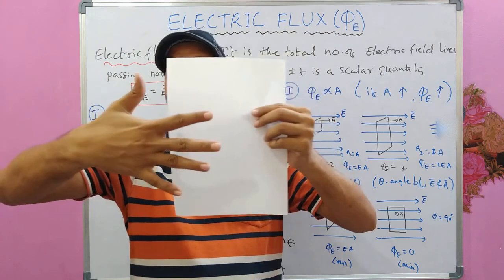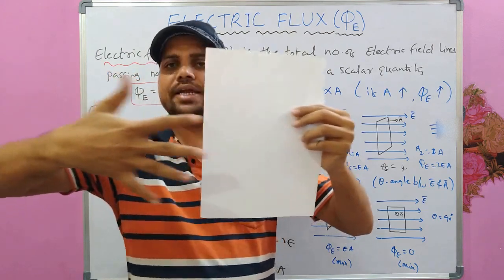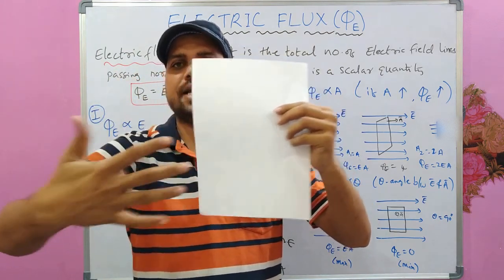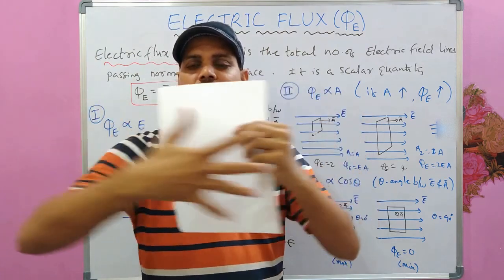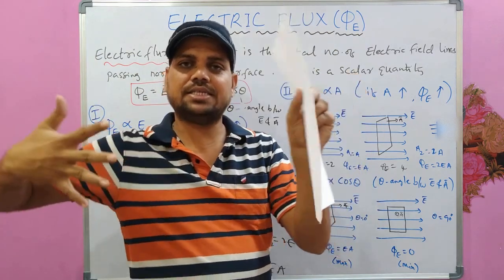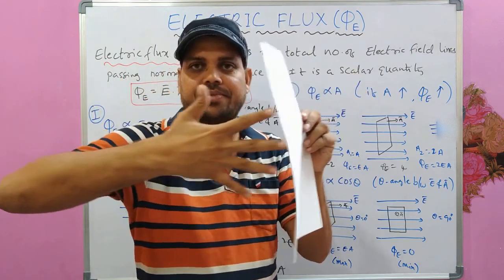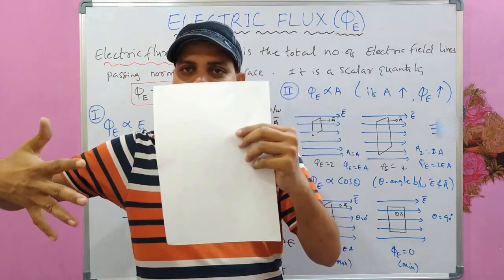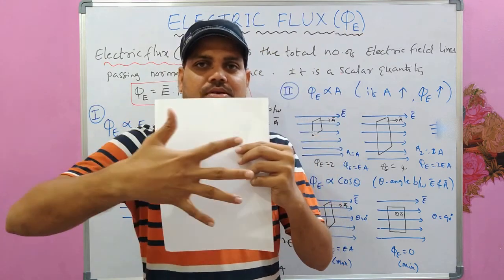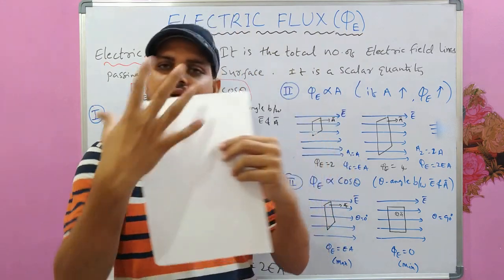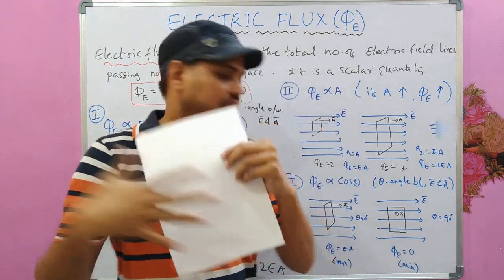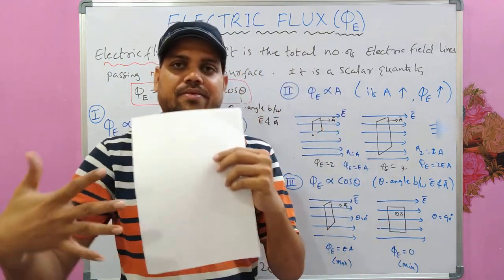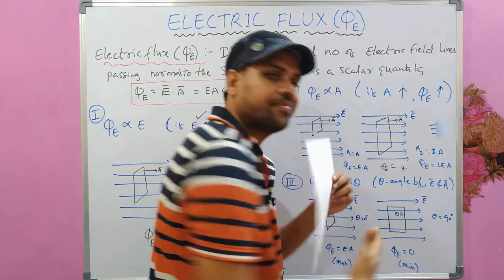See, this is how. Do you find any number of lines passing through this area normally? No, right? But when it was like this, the flux lines are entering. But when it is like this, no. So the flux linked to this area now, in this case, is 0. Theta is 90.